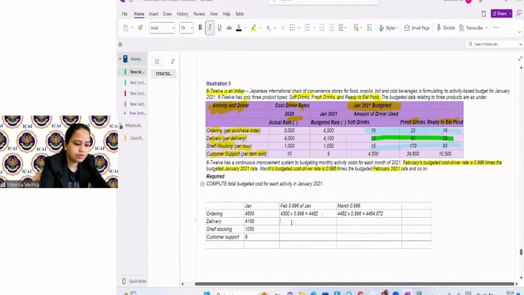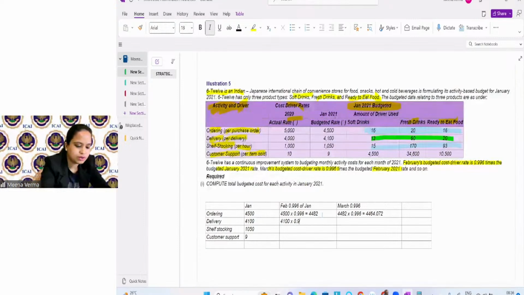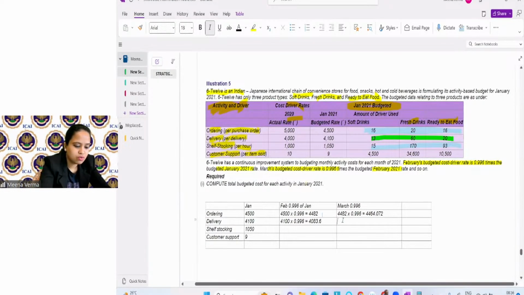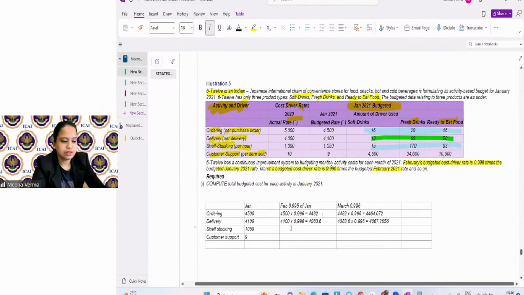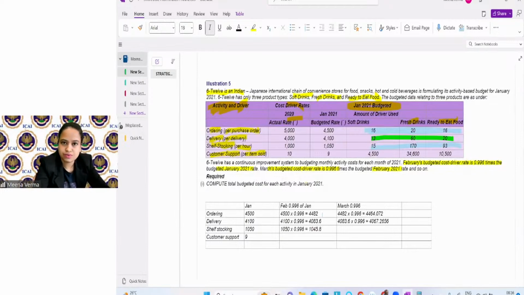Then it is 4100 into 0.996. And then 4083.6 into 0.996 is equals to this value, right? Then 1050 into 0.996 is equals to this value.